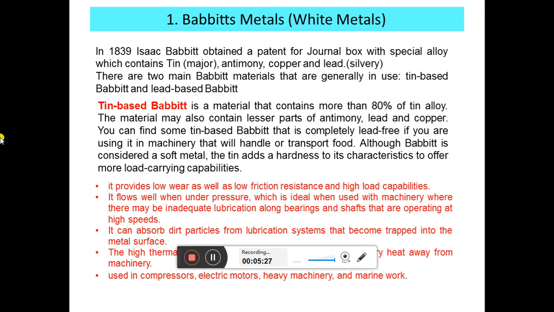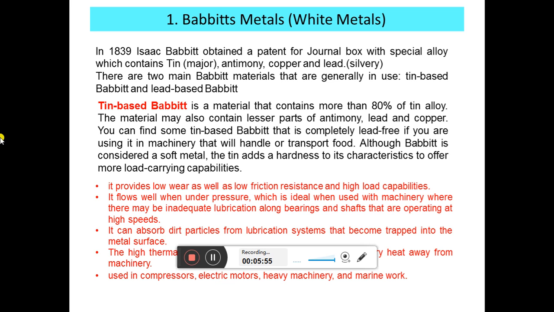If it is a hard metal, the wear rate obviously reduces. If it is a soft metal, the wear rate is more and the wear resistance is less, but here wear resistance is more because it is a hard metal.